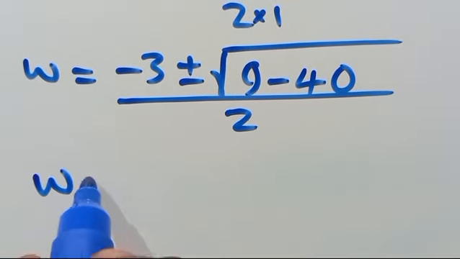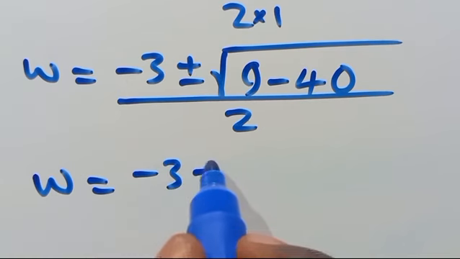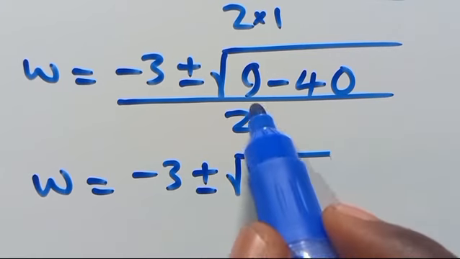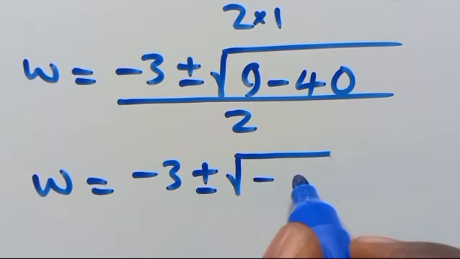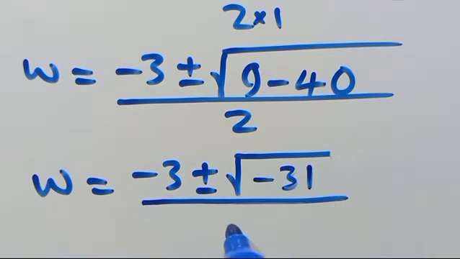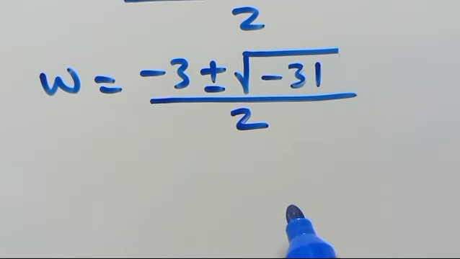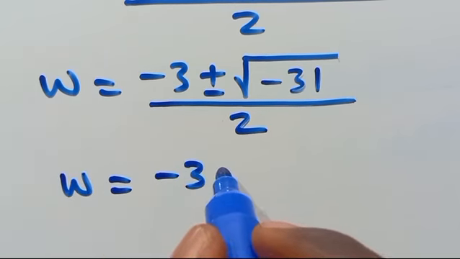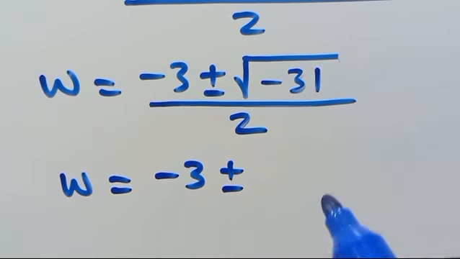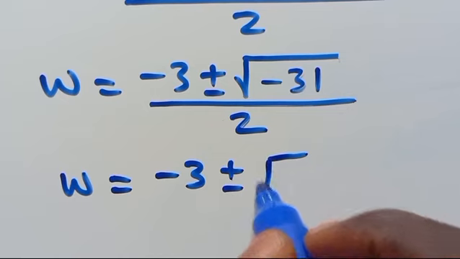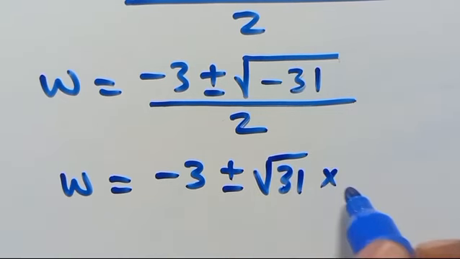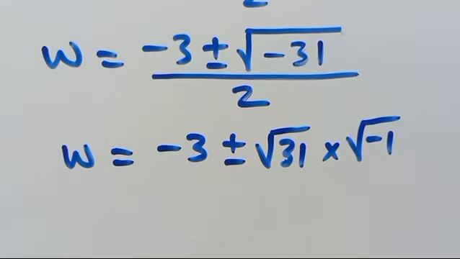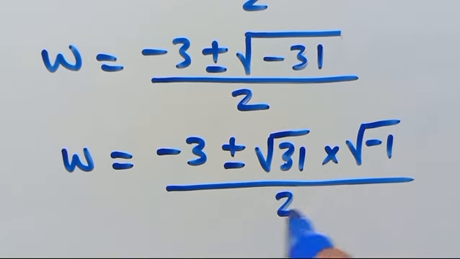So we have W equals minus 3 positive or negative square root of 9 minus 40, which gives us minus 31, over 2. We can express this as root of 31 times root of minus 1, over 2.